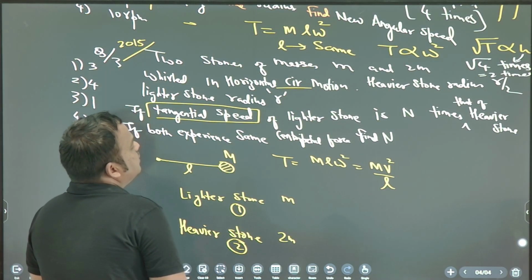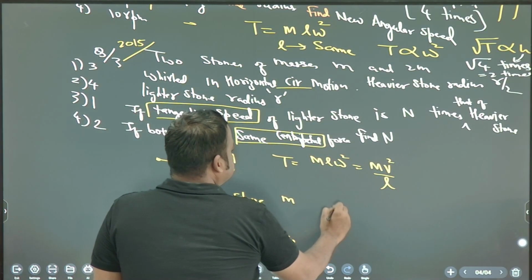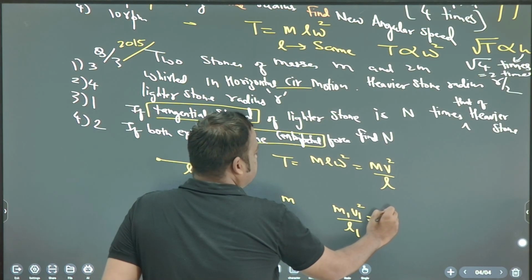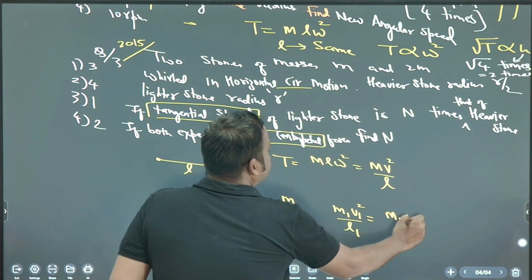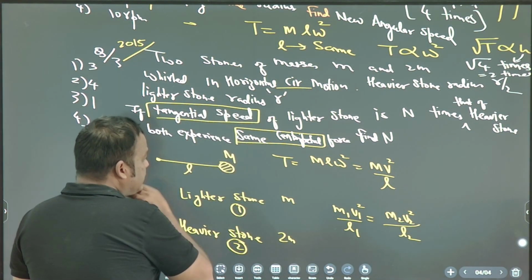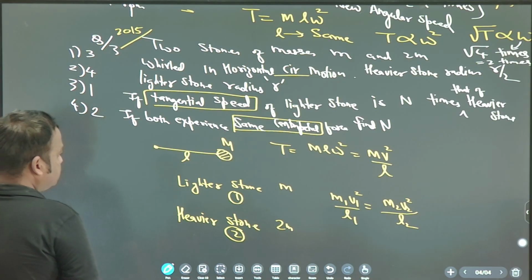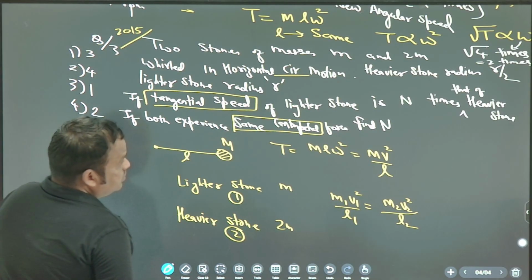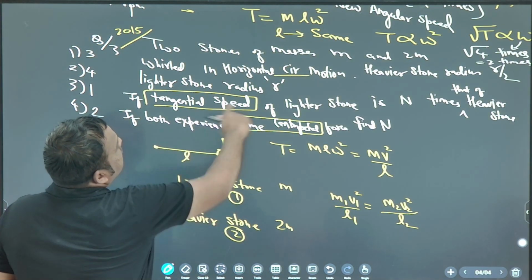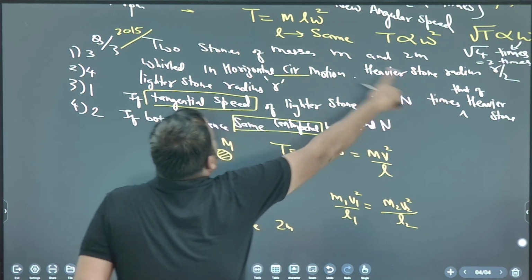So same centripetal force. That means m1 v1 square by L1 is equal to m2 v2 square by L2. Now m1, m2, you substitute the values. Radius also given: lighter stone r, heavier stone r by 2.